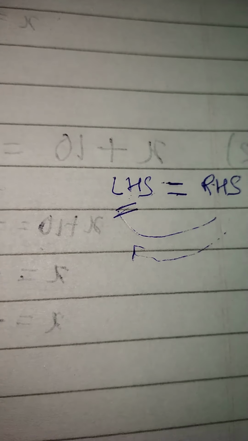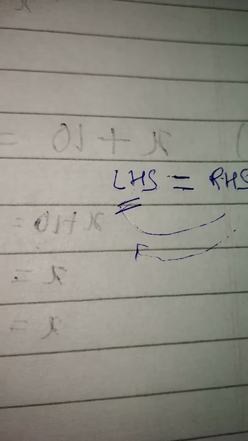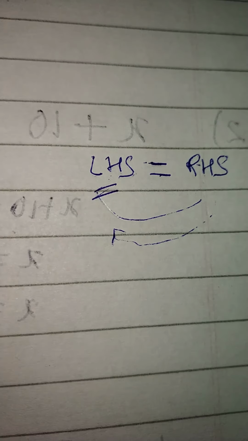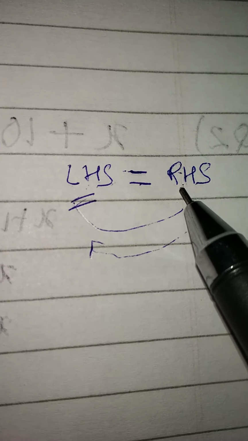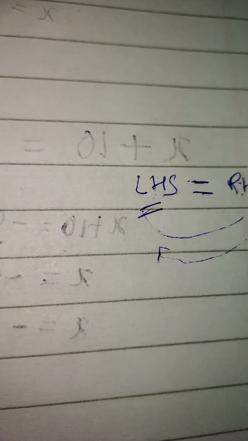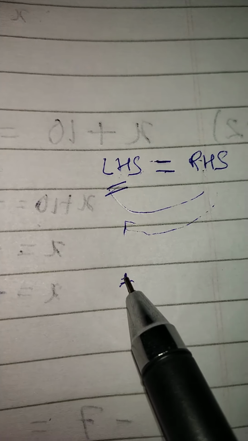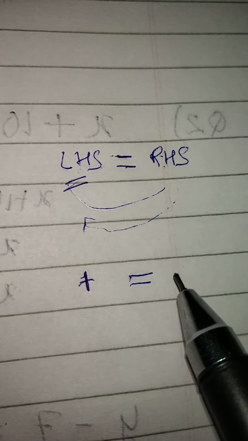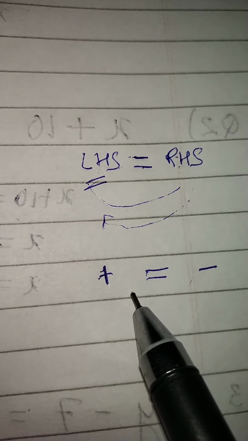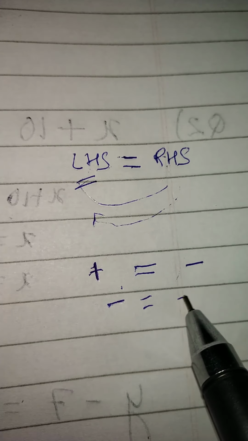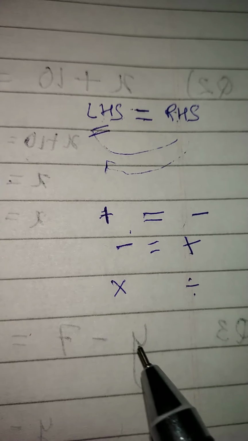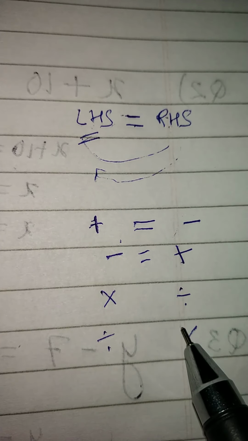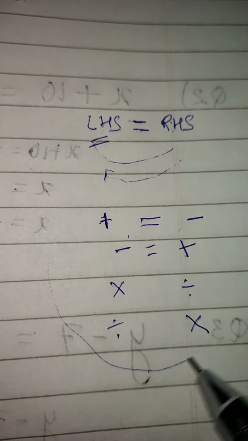Alright, we'll change the sign of the number only when we change its side. If it is a positive number, it will change into negative, and vice versa, negative will change into positive. Similarly, multiplication will change into division, and division will change into multiplication. So these are 4 basic rules.